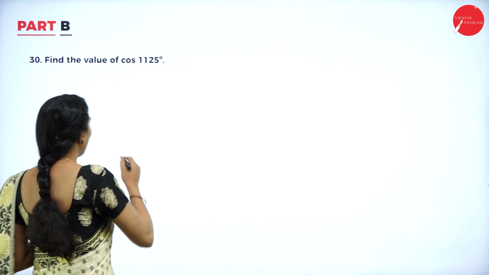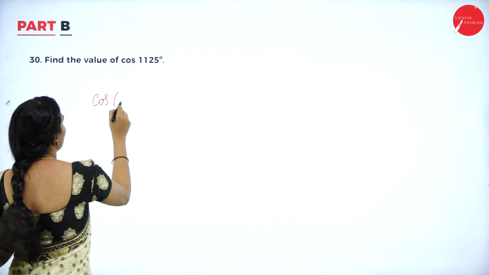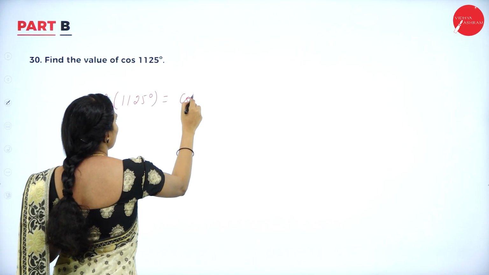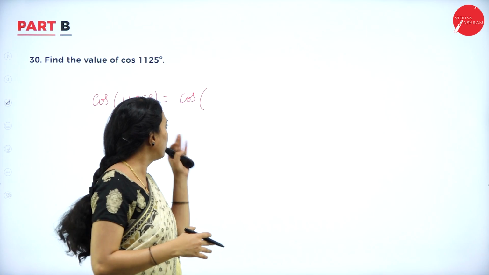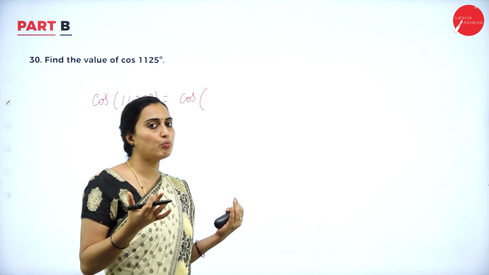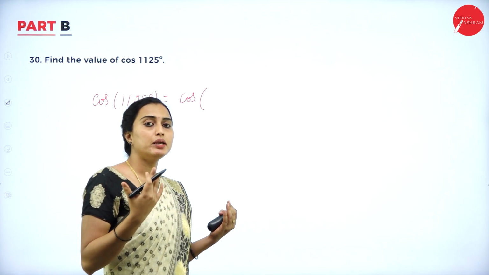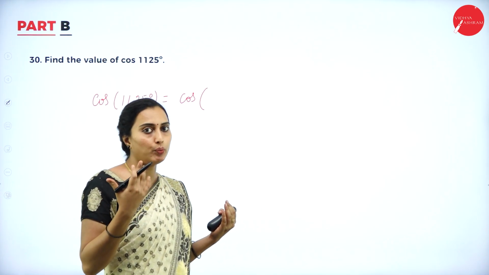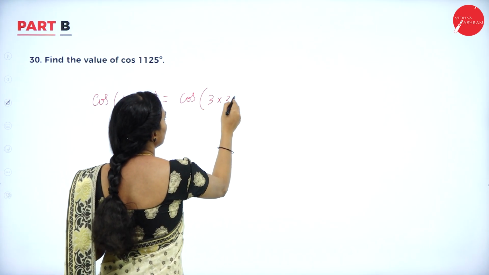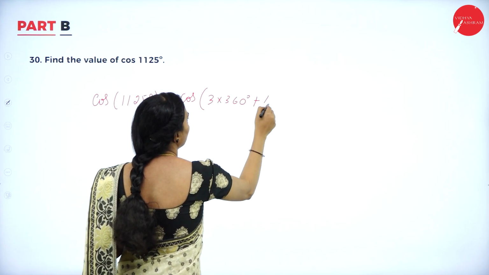So cos of 1125 degree can be written as cos of, you know already, 3 into 360 is nothing but 1080. 1080 plus 45 gives you 1125. Correct?